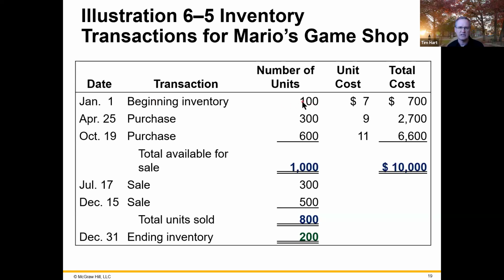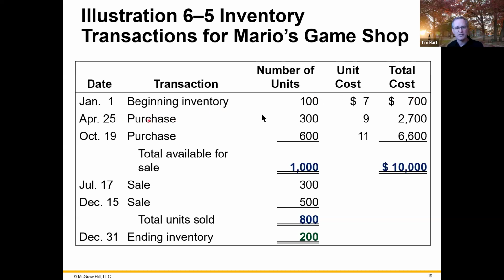They have 100 units of games, and it cost them $7 per game. They might resell it for 9, 10, 12, $20, whatever they can get away with. But it cost them $7. And so Mario's internal inventory cost for that beginning inventory is $700.